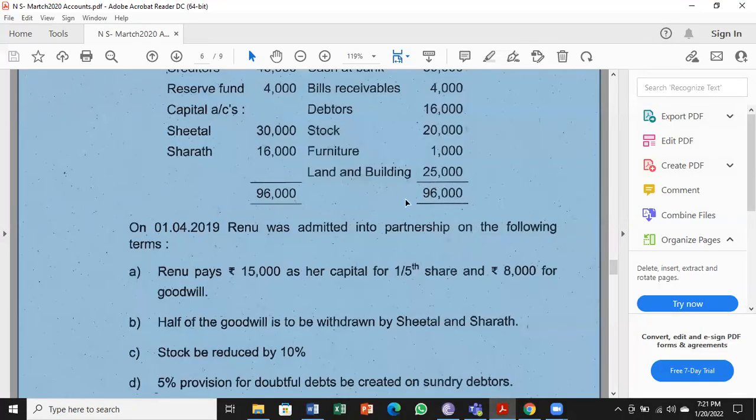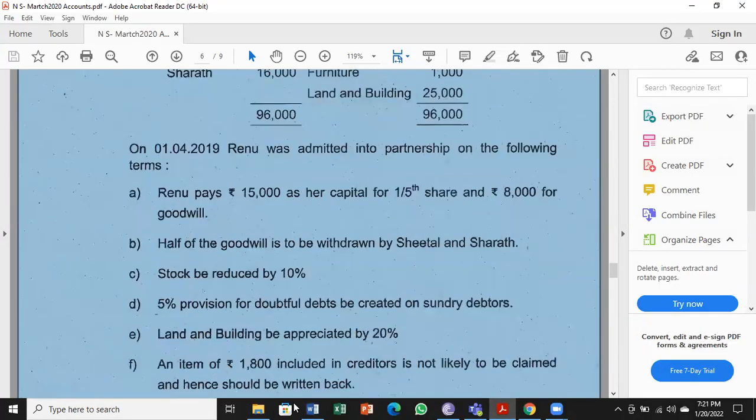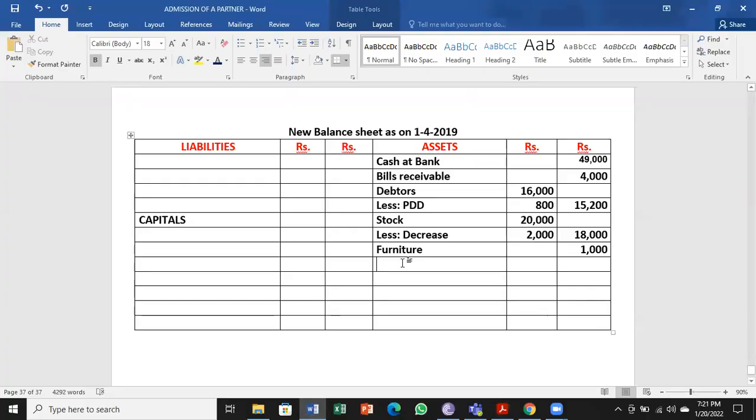Next, land and building 25,000. We have an adjustment for land and building. So inner column amount, original amount. Add appreciation 20%.